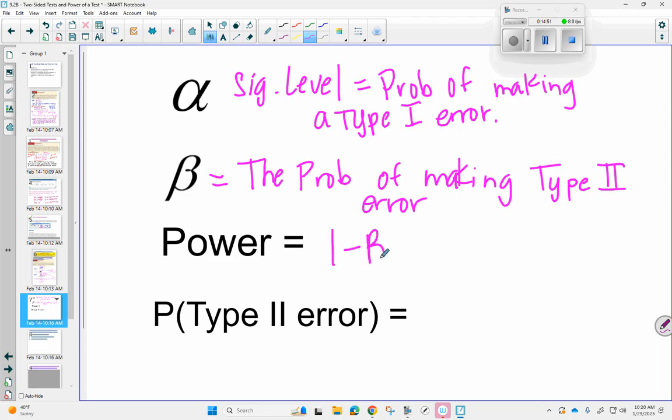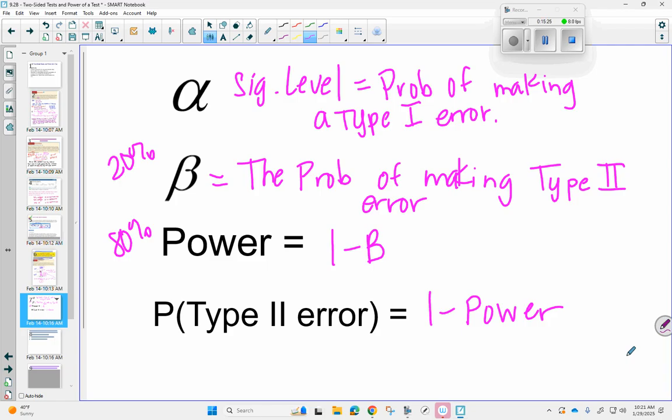A type 2 error is failing to reject when we should have, so the alternate's actually true. So the power is 1 minus that. If I have a 20% chance of making a type 2 error, I have an 80% chance of avoiding that and correctly rejecting the null, which is what I want to do if the alternate is true. And the probability of a type 2 error is 1 minus the power. They're complements, they add to 1.